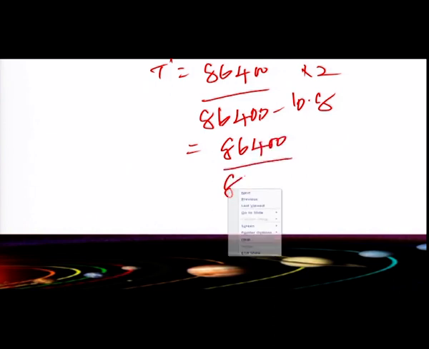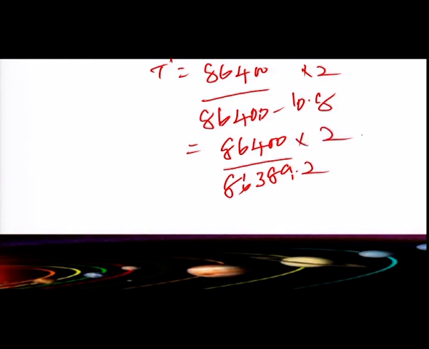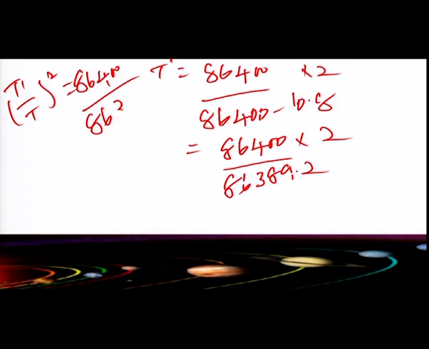So, that will give rise to 86,400 divided by 86,389.2 into 2. So, therefore, t dash by t the whole squared is equal to 86,400 divided by 86,389.2 the whole square.